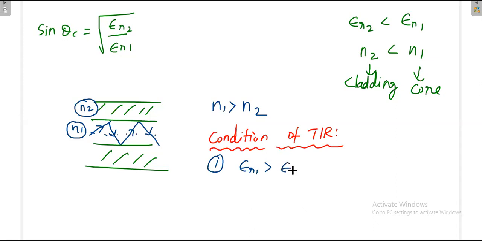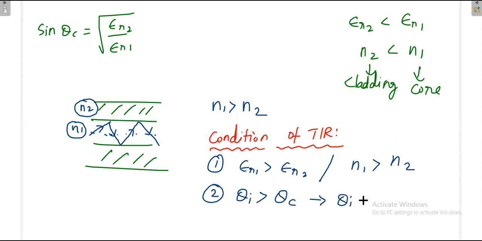Epsilon r1 should be greater than epsilon r2, or otherwise n1 should be greater than n2. One more condition is theta i should be greater than theta c. That means theta i should always be greater than the sine inverse of the square root of epsilon r2 by epsilon r1, or otherwise epsilon 2 divided by epsilon 1.